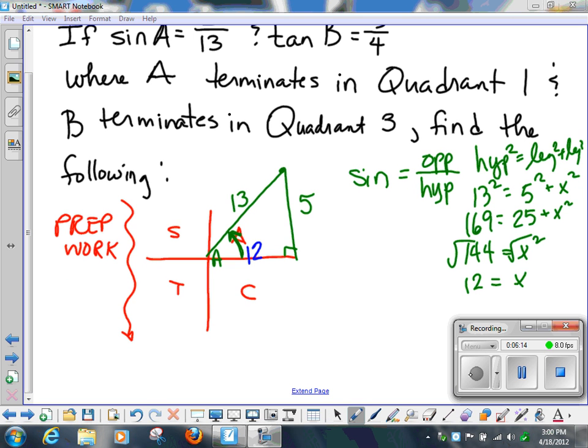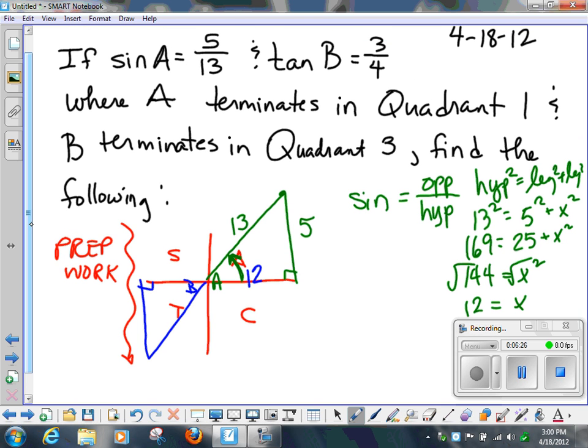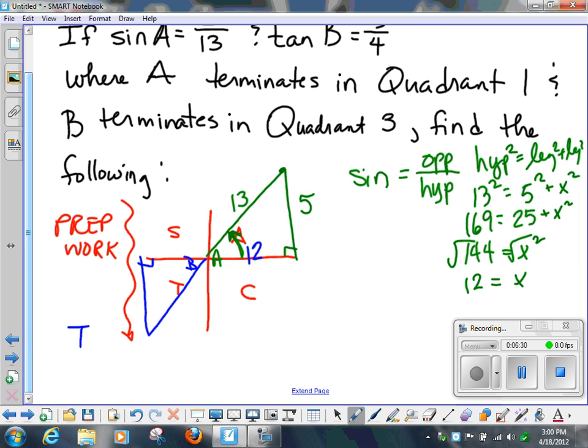So for quadrant 3, which is going to be here, throw that altitude up there. Our angle B is here. And we're told that our tangent is 3/4.